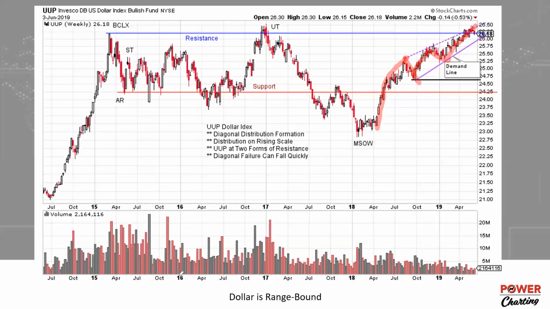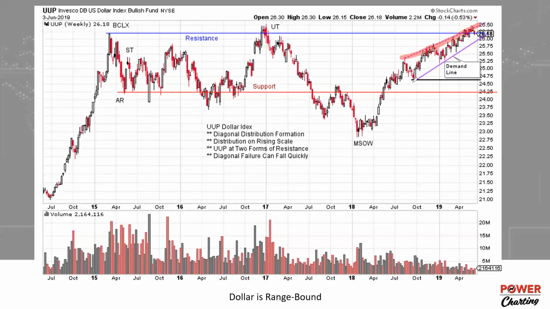Now, for you Elliotticians out there, Elliott wave would look at this as a diagonal fifth wave. And what we see here, in a diagonal fifth wave, is a resistance line that is running upwards to the resistance area on this overbought line.